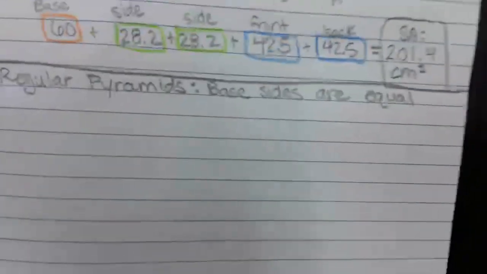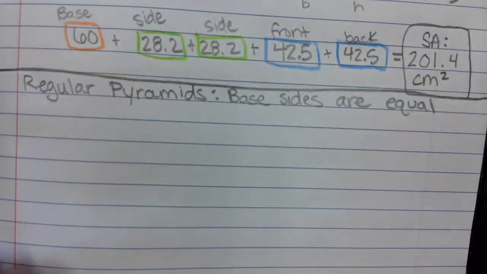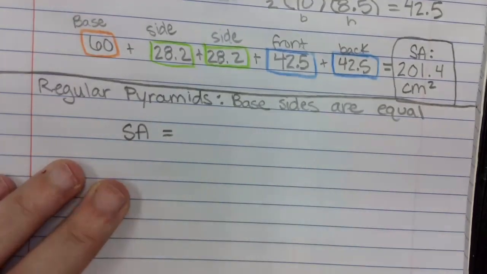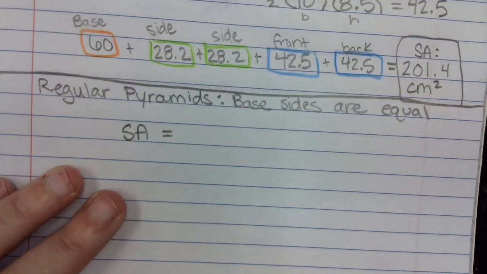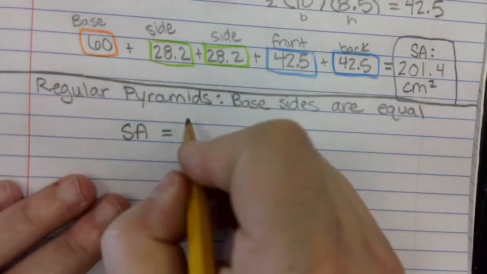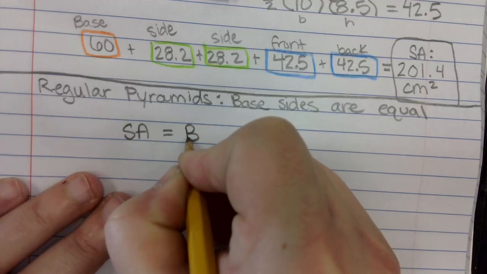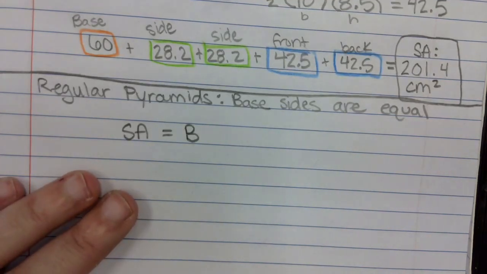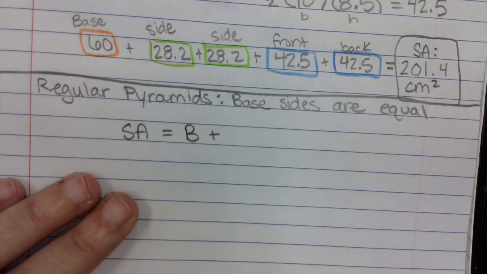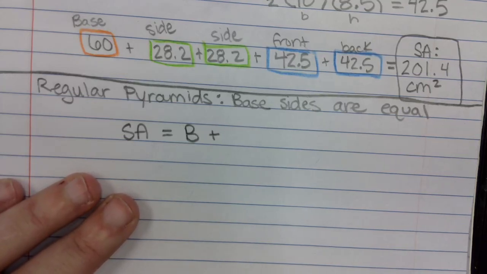So we're going to say SA, surface area equals, and even if we look back, we had one base. So we're going to do a capital B for our area of the base plus, and then we're going to have our side triangles.